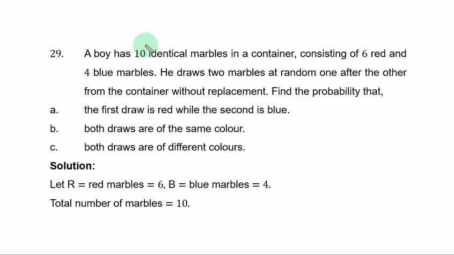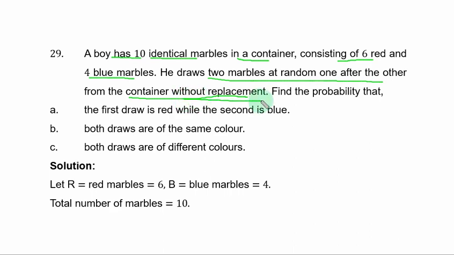Example 29. A boy has 10 identical marbles in a container consisting of 6 red and 4 blue marbles. He draws 2 marbles at random, one after the other, from the container without replacement.